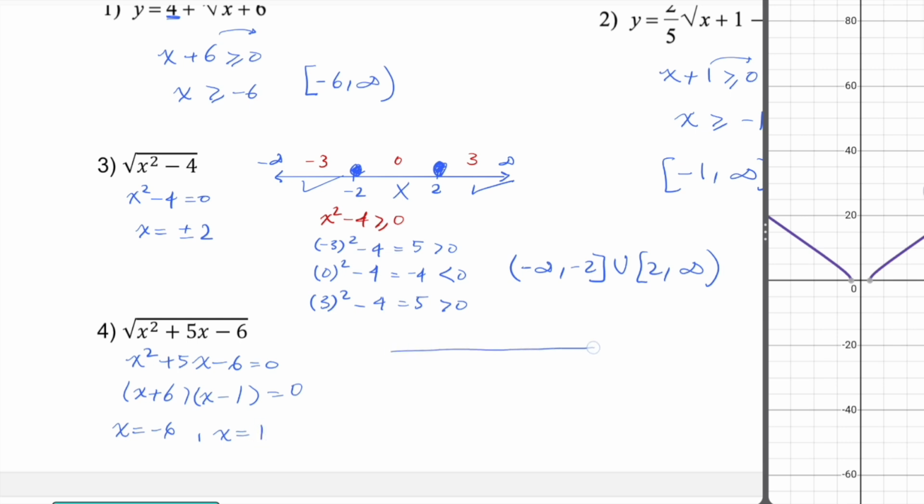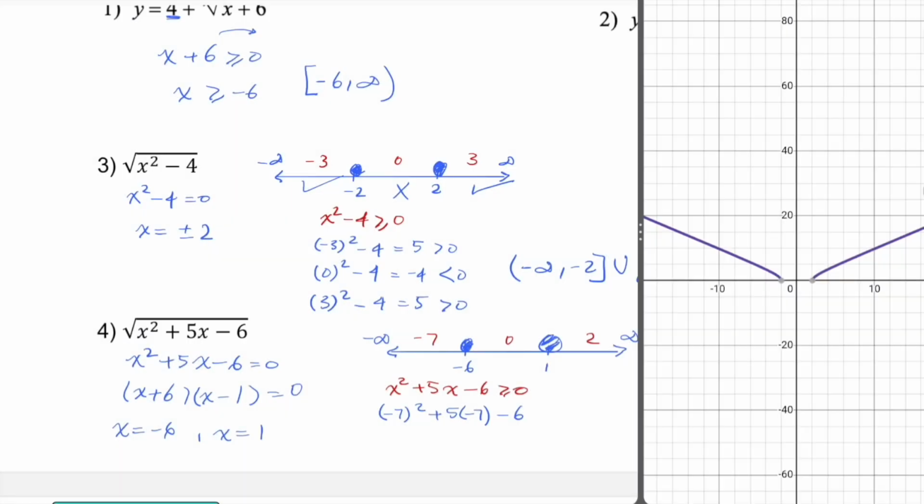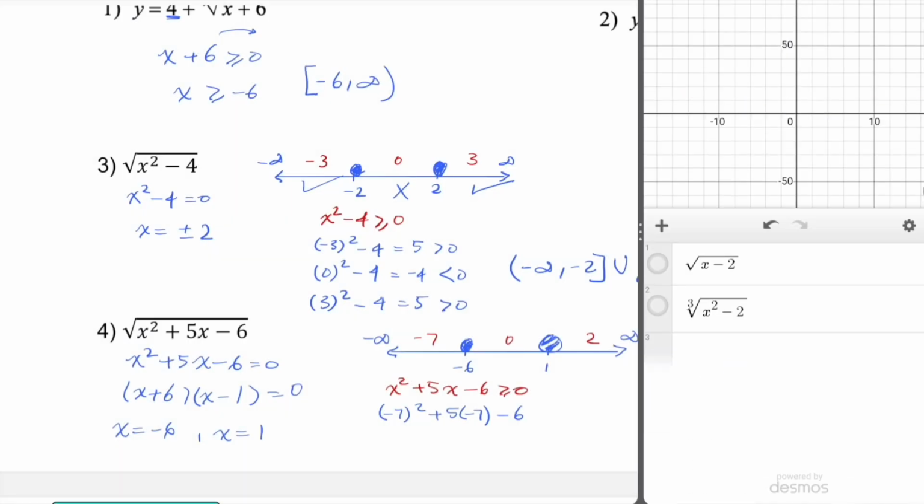These are my zeros, and on the number line, I will place the negative 6 with a closed circle, and the positive 1 with a closed circle, and negative infinity, positive infinity, and choose testing values here, negative 7. Here I can choose 0 as well, and here I can choose 2, and substitute in the quadratic inequality, x squared plus 5x minus 6 greater than or equal to 0. Then substitute negative 7 squared plus 5 times negative 7 minus 6. I can use Desmos to help me calculate.